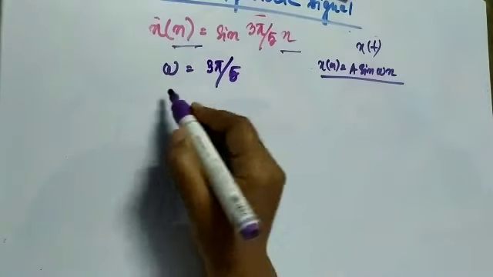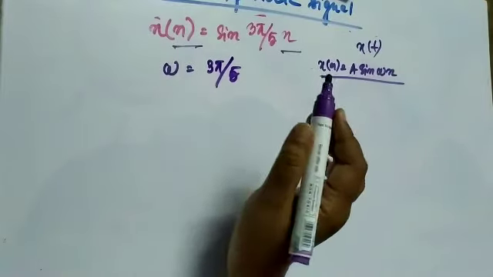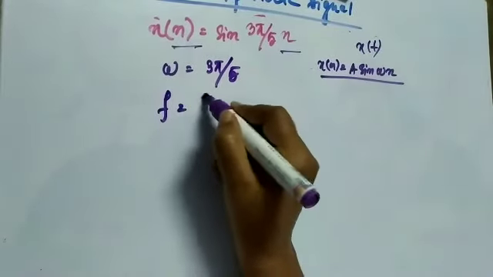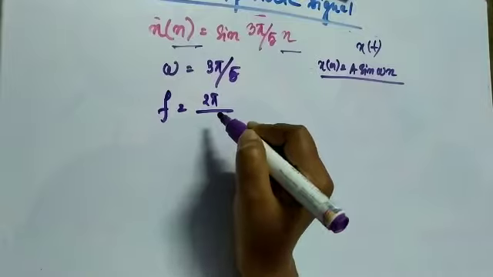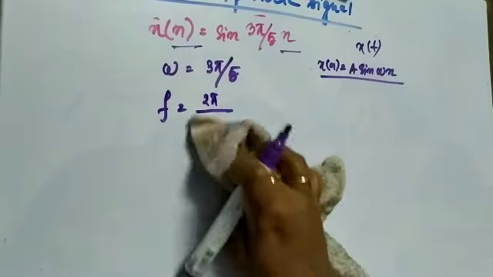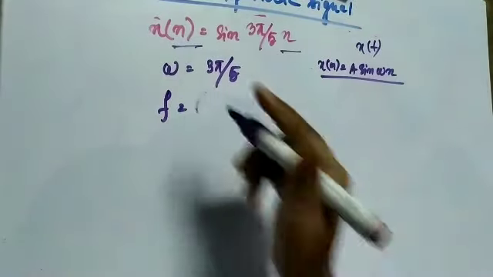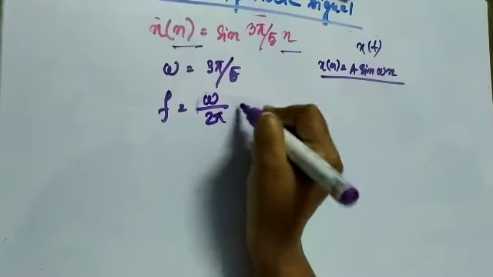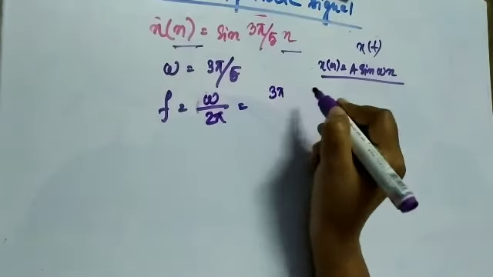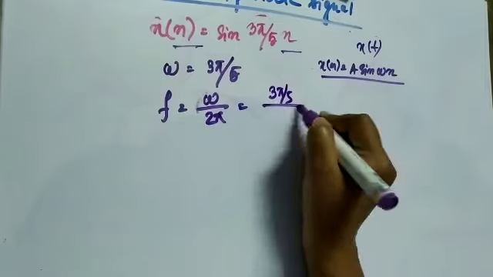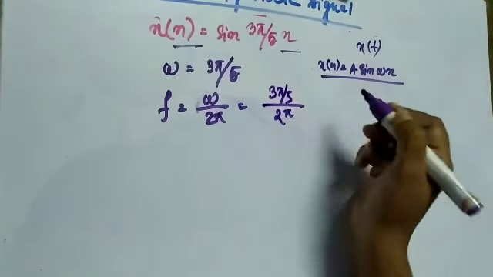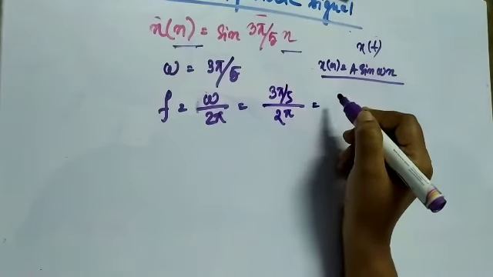Now you have to find f, which is omega by 2 pi. Put the value of omega, 3 pi by 5, divided by 2 pi.